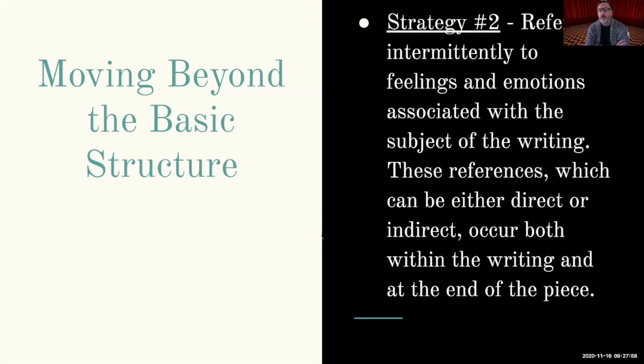Now there is a place for both, but more often than not, you want to err on the side of show, don't tell. So that's where we're at today, and that's the strategy that I want to look at real quick.